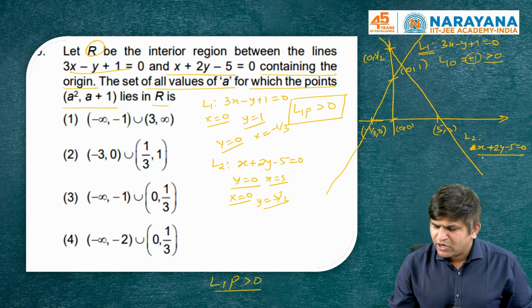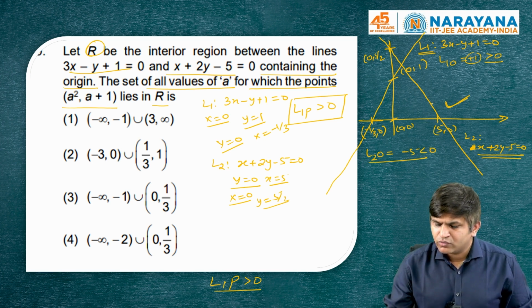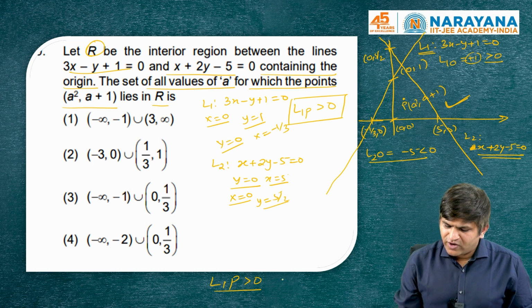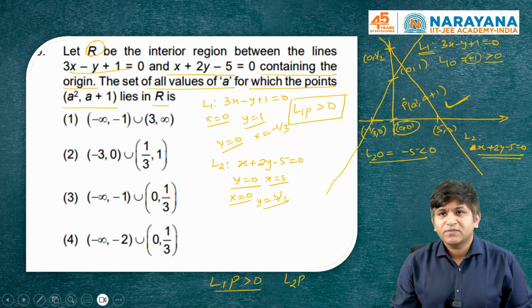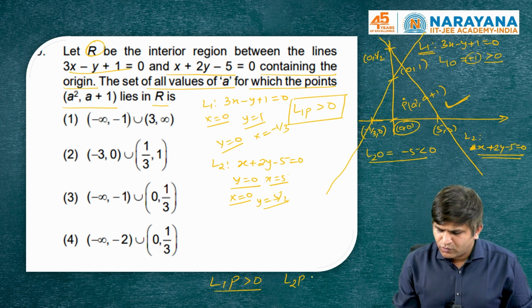And in L2, if we put the origin, we are getting minus 5, that is negative. So with respect to L2, this point P is (a square, a plus 1). When we put that point P in the L2 line, this should give the same sign because they are on the same side as the origin. So this should be negative.